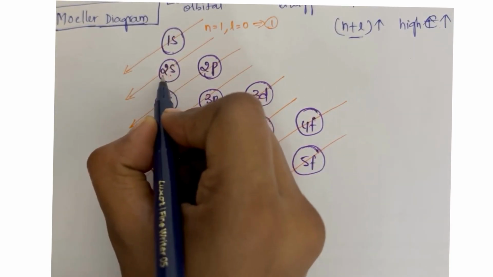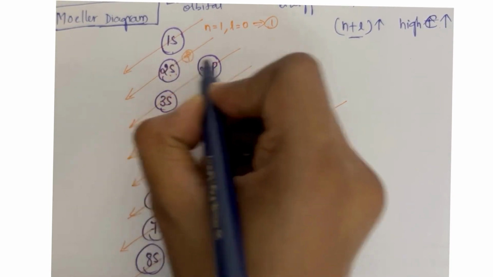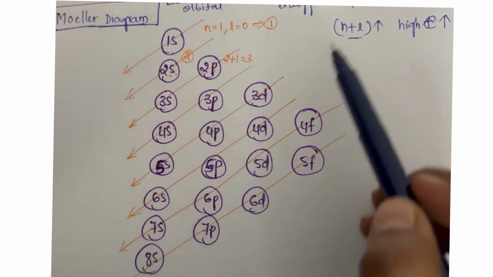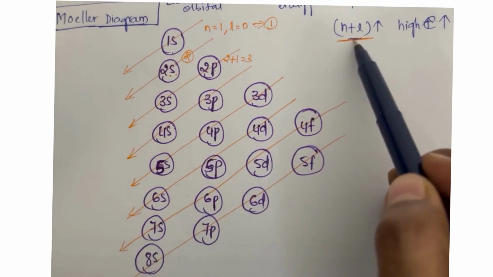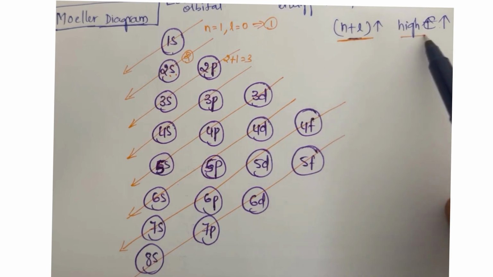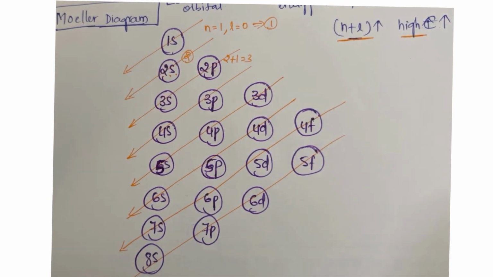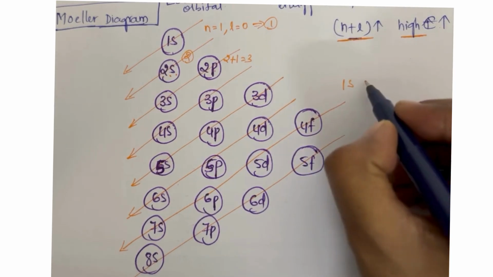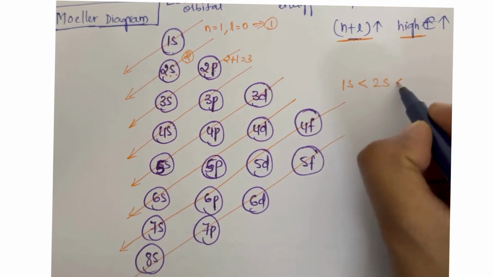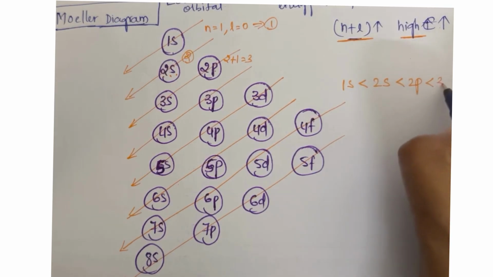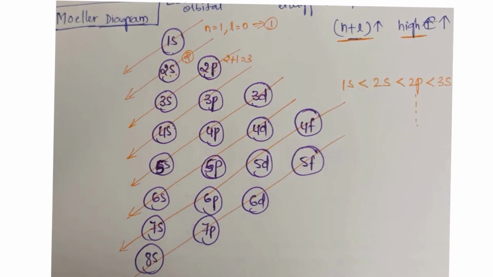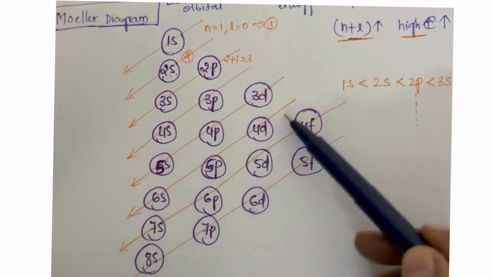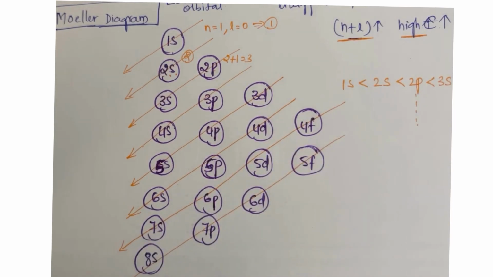Similarly for 2s it is 2 plus 0, 2. For 2p it is 2 plus 1, 3. So based on the n plus l values, we decide the orbital is of higher energy or lower energy. Accordingly, 1s is of least energy, then comes 2s, then 2p, then 3s, and so on will be the order. As the arrow goes down, the energy is increasing for the orbitals.